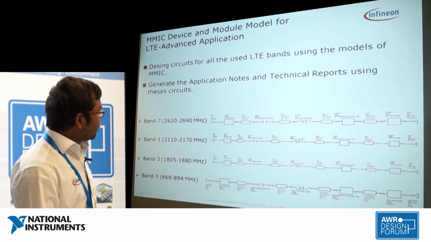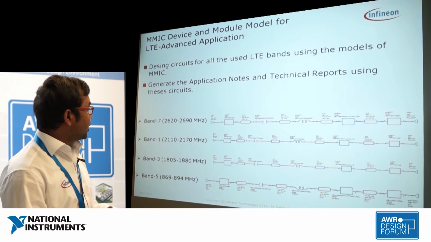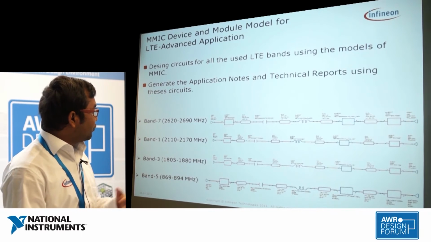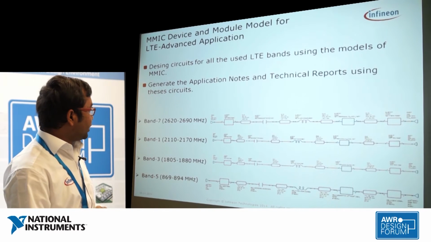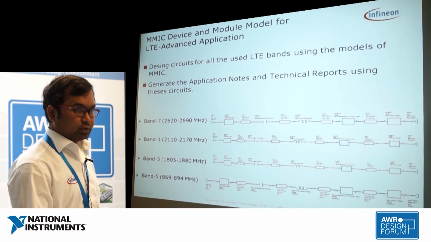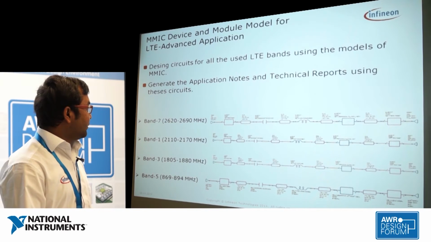To write the reports is also one hectic task. I will show the examples later on. If we use a quad band LNA, we have 4 bands operating together, and for that we need roughly 60 pages of reports. 60 pages of reports with tuning all these things takes roughly 2 weeks.